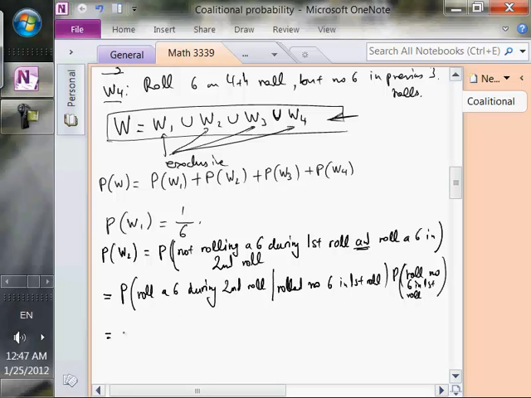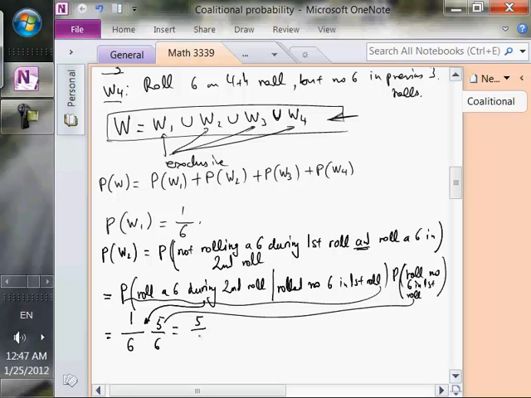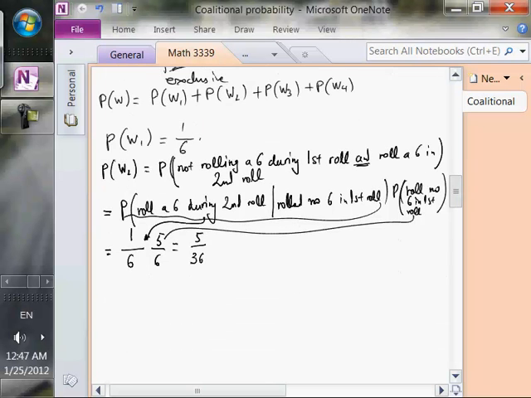The first one is equal to 1/6, and this probability here is equal to 5/6. So overall we have 5/36. And this is the correct answer. Now, why is the first probability 1/6? Rolls are independent events.